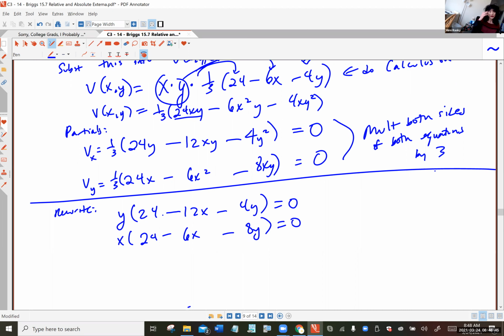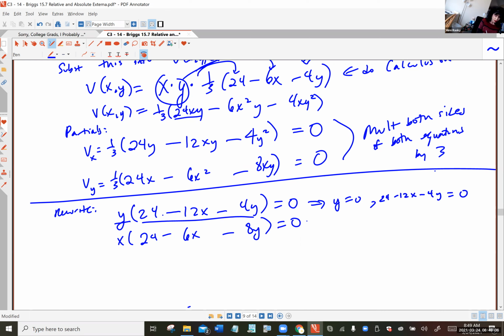Now, in your head, imagine you're using the zero product principle. Something times something equals 0, then you can easily set both of those factors equal to 0. So one of the things that comes out of this one is y equals 0, or of course, 24 minus 12x minus 4y equals 0.